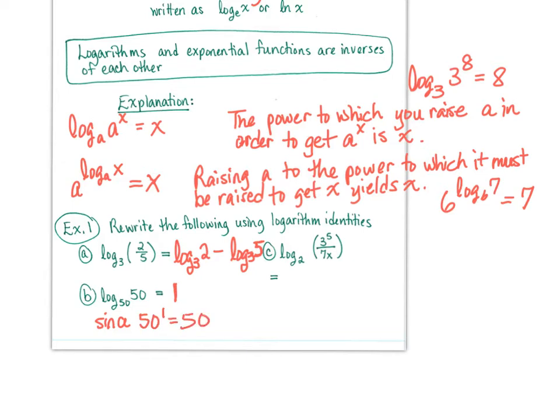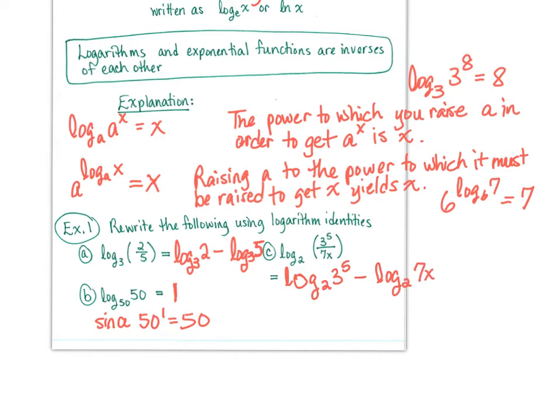Now, part C is a little bit more challenging. We have the log of 3 to the 5th divided by 7x base 2. First things first, we're dividing, so we use identity 2. That gives us the log of 3 to the 5th base 2 minus the log of 7x base 2.